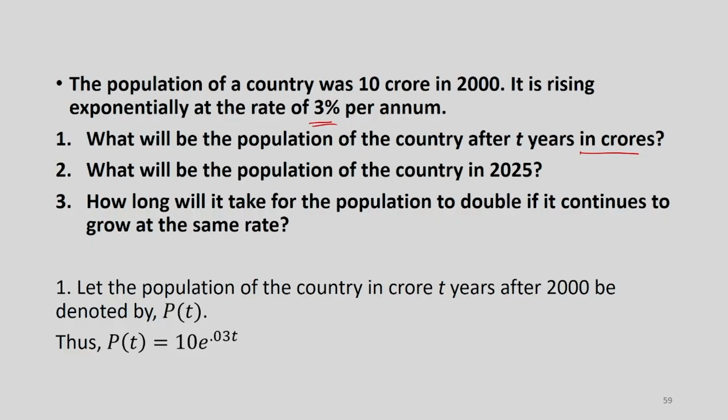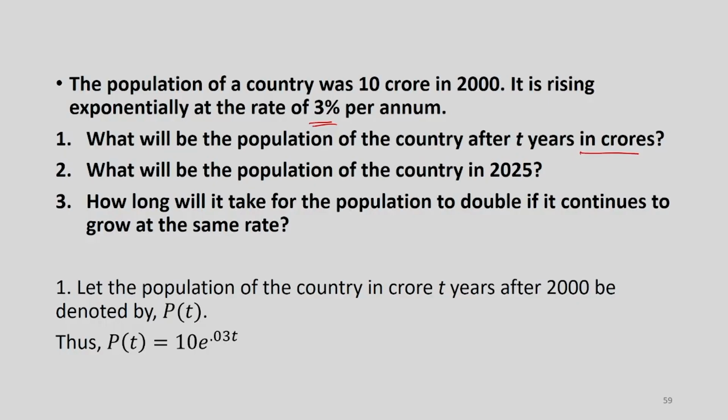So this is again a practical application of what we have learned in this course. For example, if we think about India, India's population in 2000 was around 100 crore, right? So one might ask the question that after the year 2000, suppose T more years have elapsed. Now what will be the population of the country after these T more years? So that is the first question.